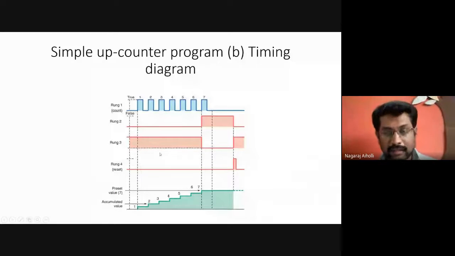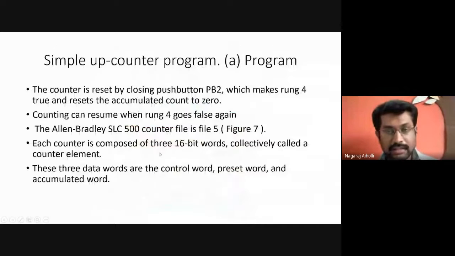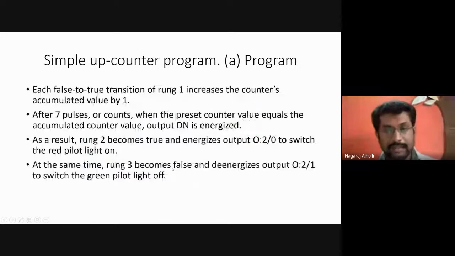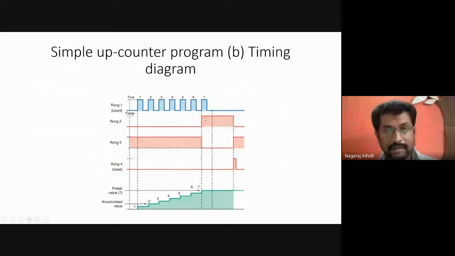Then rung 3 is consisting of green pilot light, green lamp. This will become high when the done bit is 0. When the done bit is 0 at the beginning, it will become high because it is examine if open instruction. Once the green pilot light becomes high during the starting position, it will remain in the high state, green pilot light up till the last value.